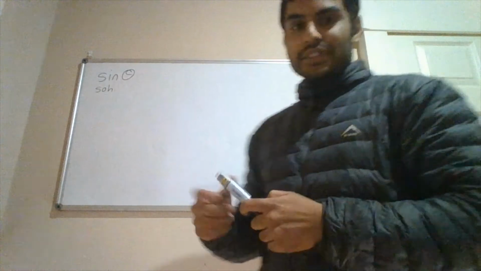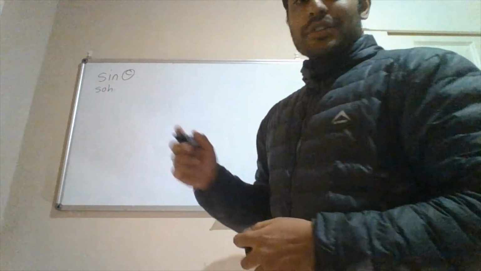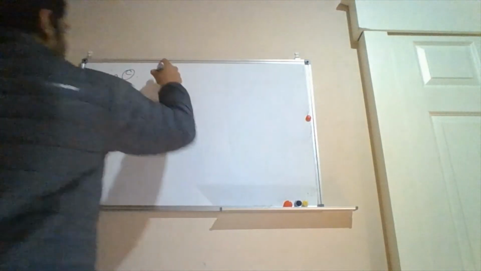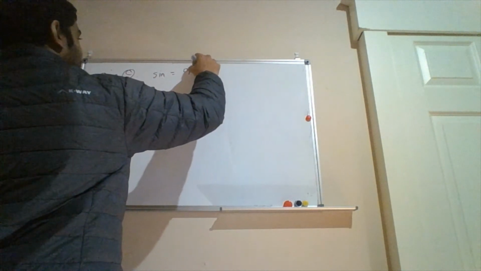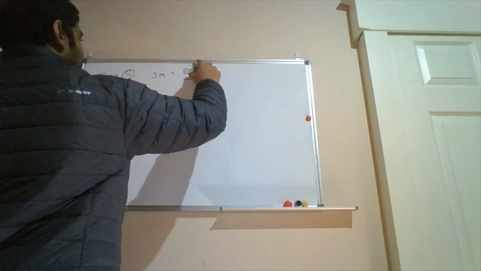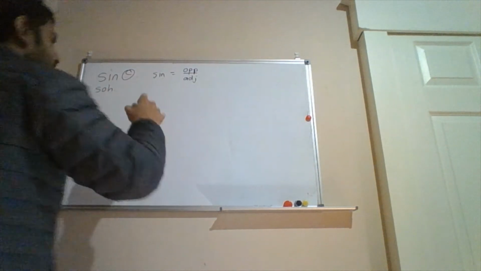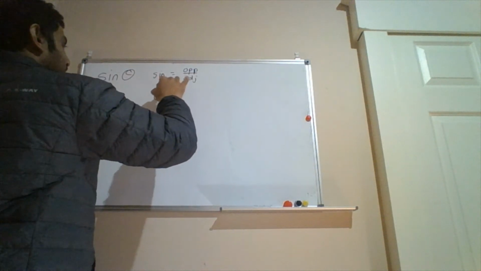So we're going to start off with the sine graph, and our rhyme for sine is SOH. Remember the rhyme SOHCAHTOA. So sine is opposite over hypotenuse. Okay, and I'm going to pick some values for theta.